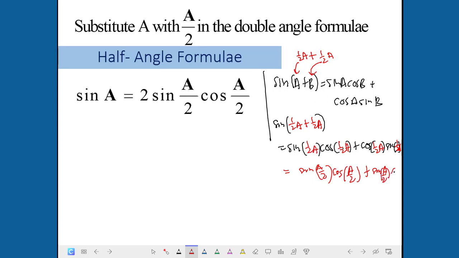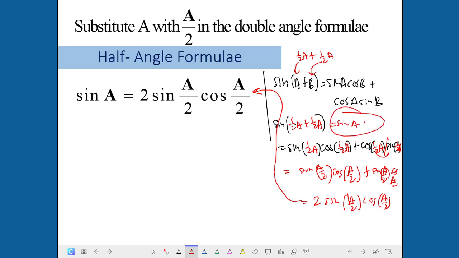It is multiplication, so you can exchange the position. Now the answer is 2 sin A over 2 cos A over 2. Okay, this is the half angle formula for sine, since half A plus half A equals A.